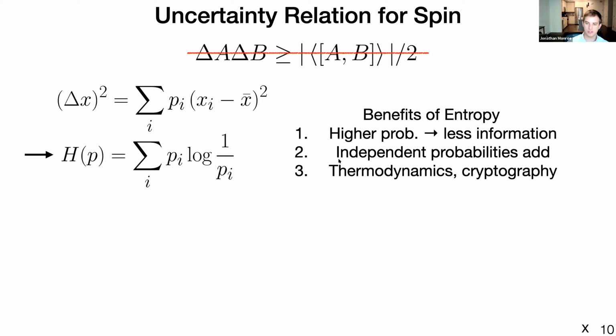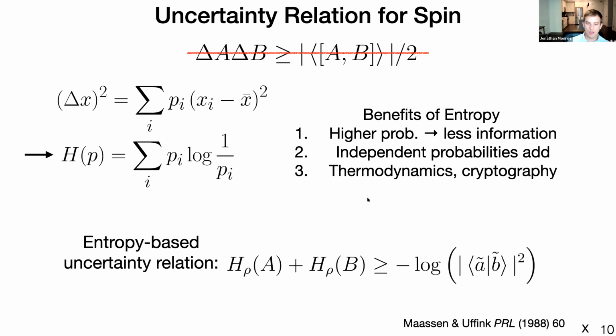And that's not so easily done with variances. Then entropy also has all of these applications in thermodynamics and cryptography and others. And so entropy will be the preferred method that I use to describe the uncertainty relations here.